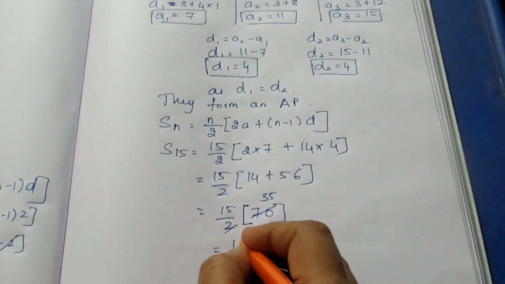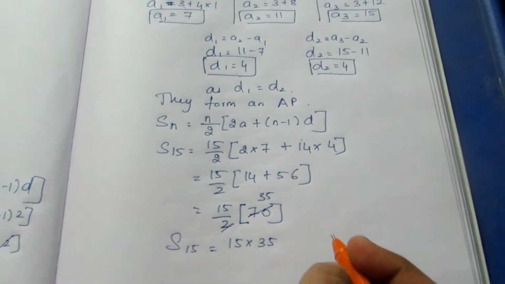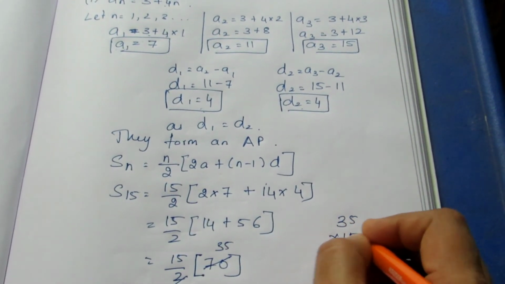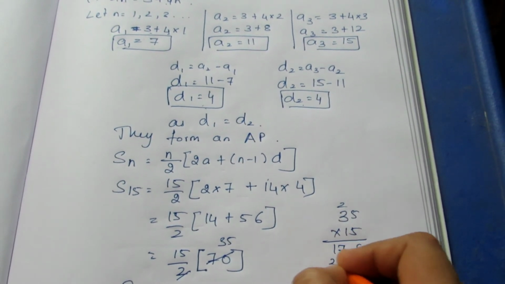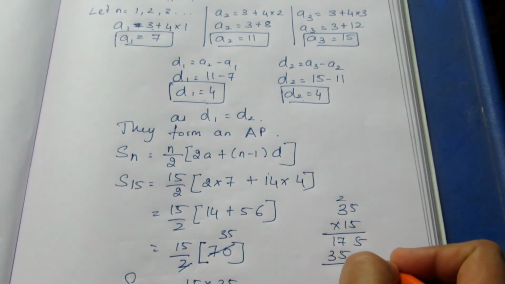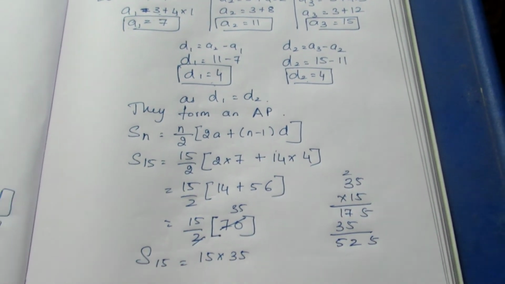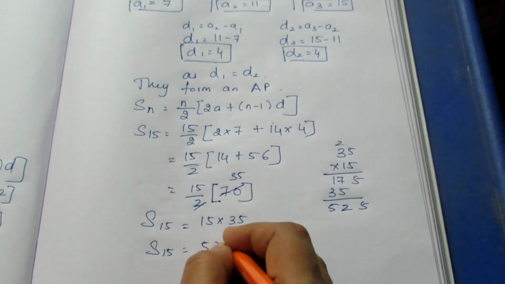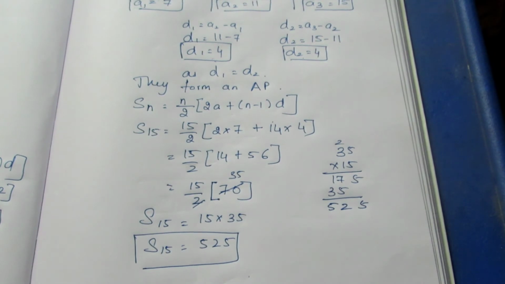So 15 into 35. So S15 equal to 15 into 35. We can multiply 35 into 15, which is 525. So S15 is equal to 525 is the answer. So we have found S15 for the first subdivision.